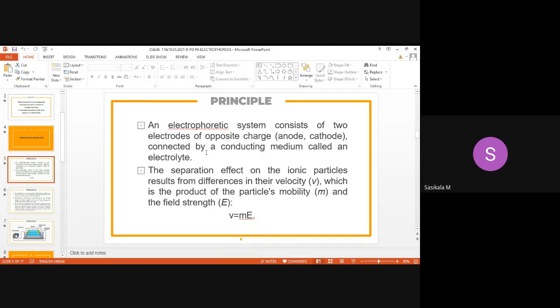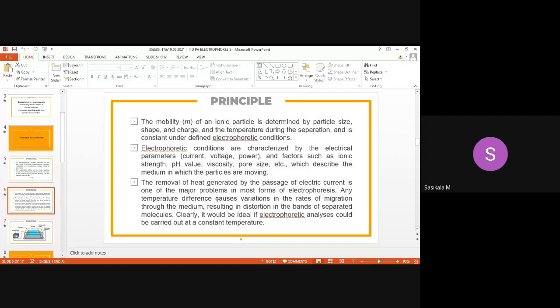The mobile phase is the conducting medium, that is the electrolyte, which decides the pH of the separation. Then the electrodes, cathode and anode, give the power supply voltage for the separation, and the movement of particles is represented as V = mE, where V is velocity, m is mobility, and E is field strength. This is all we have discussed, the different characteristics of electrophoresis separation, in the last class itself.